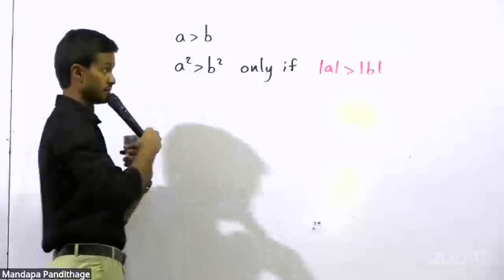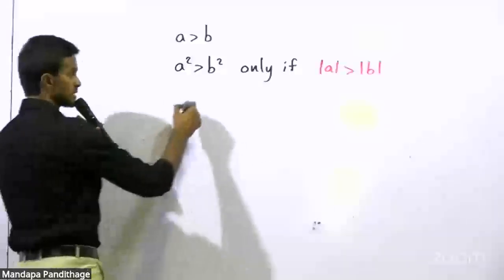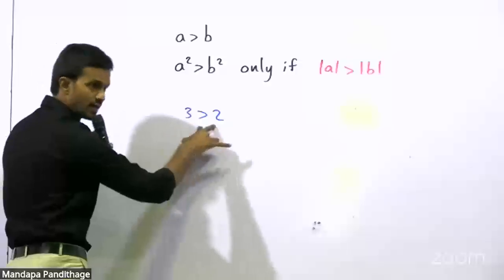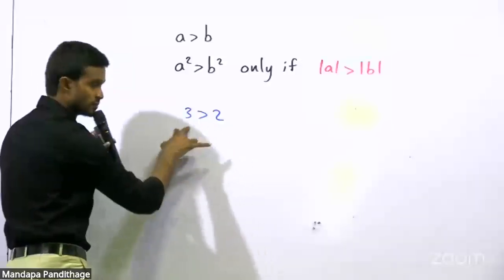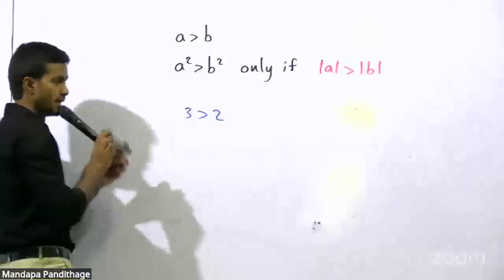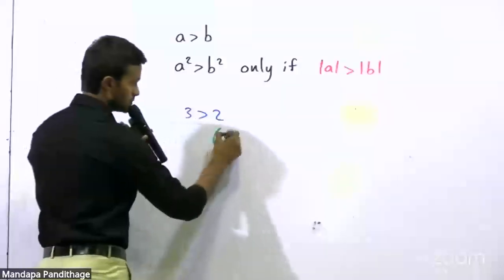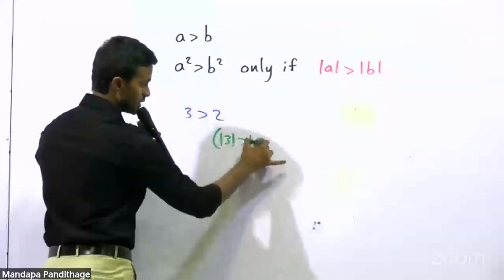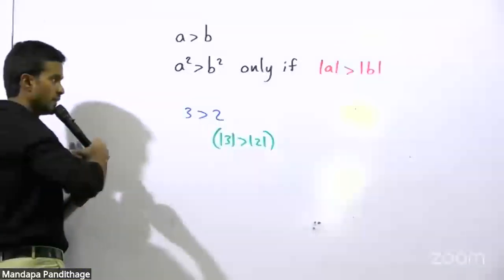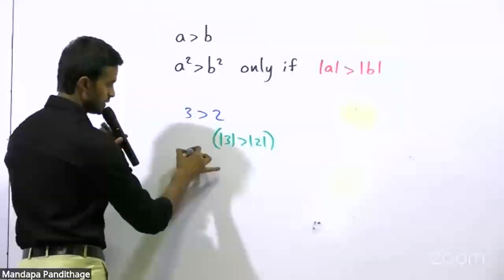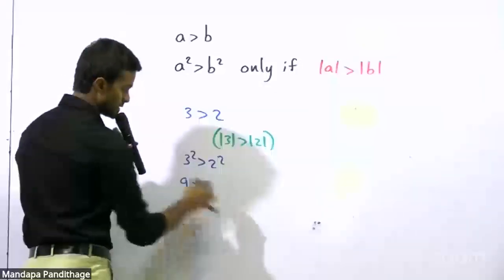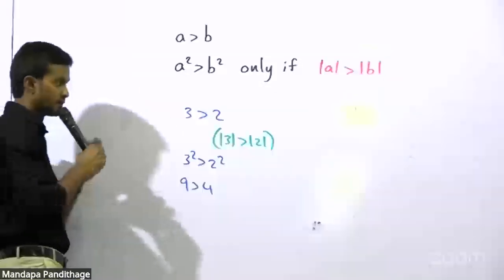So I'll write the examples. 3 is greater than 2. Is modulus 3 greater than modulus 2? Yes, sir. Modulus 3 is greater than modulus 2. And then you can square both sides. 3 squared is greater than 2 squared. You are ending up with the correct answer.